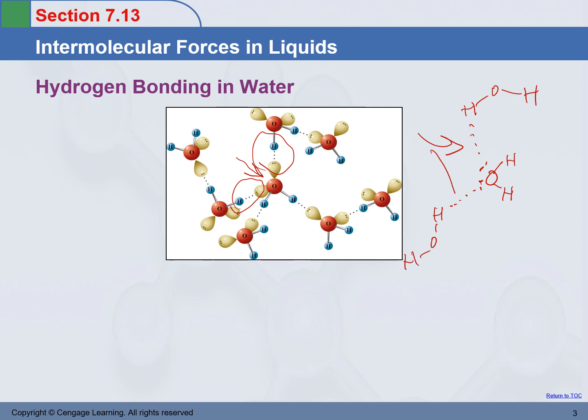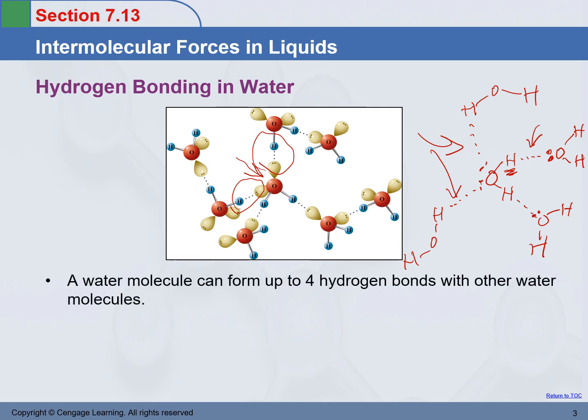That's another hydrogen bond. At the same time, the hydrogen can interact with the lone pair from oxygen from another water molecule. That's another hydrogen bond. Same thing here, that's another hydrogen bond. So a water molecule can form up to four hydrogen bonds with other water molecules, two by offering lone pairs, two by offering hydrogen atoms.